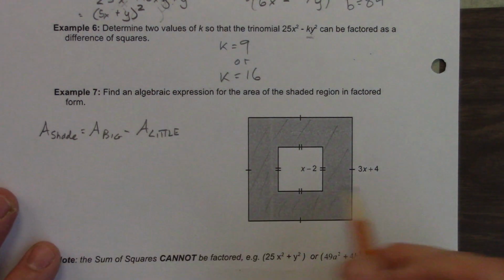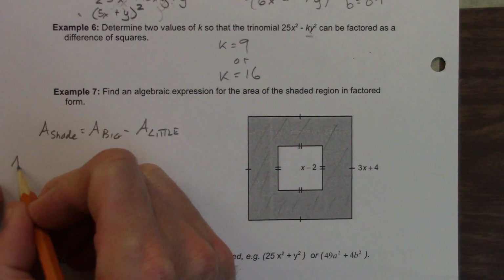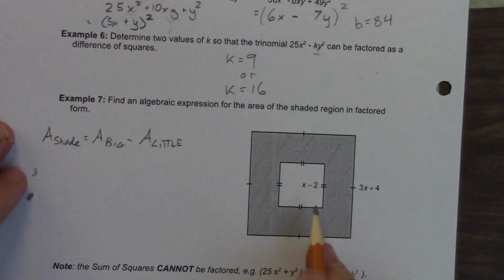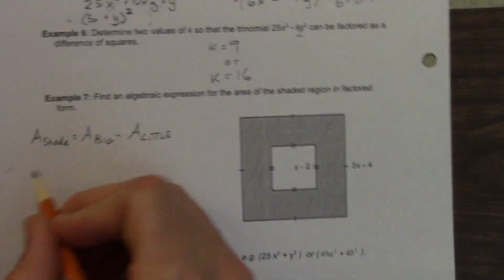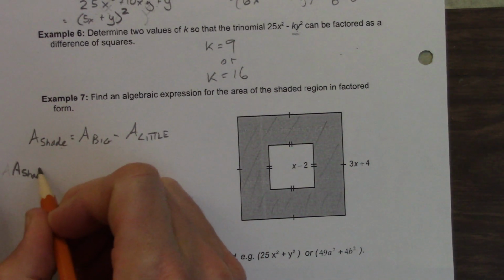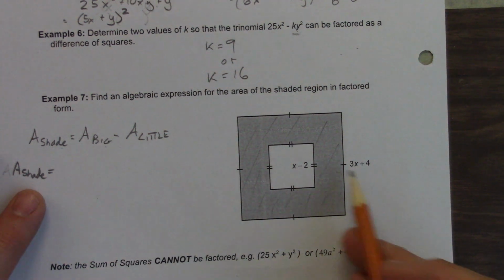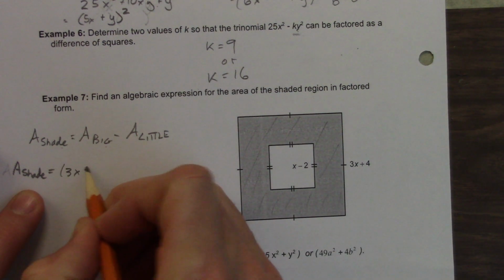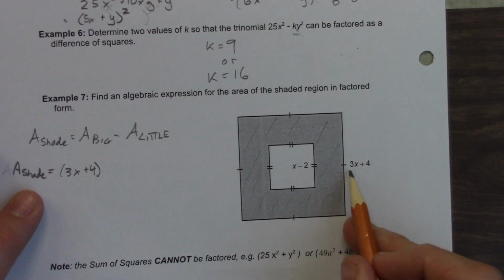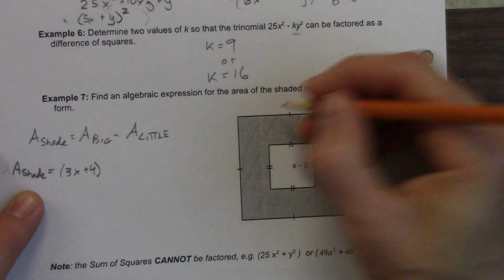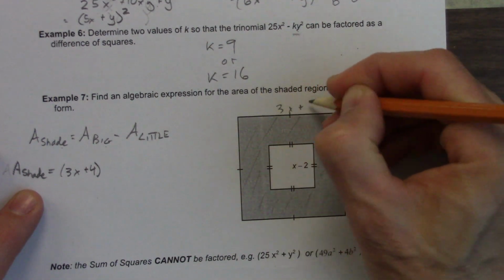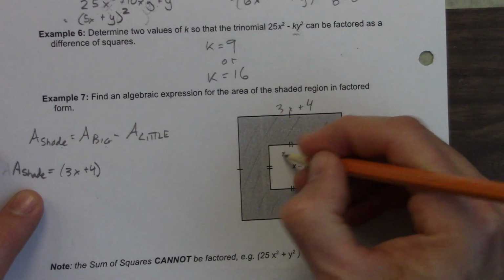Okay, so the area of the big, sorry, the shaded is what we want. The area of the big is going to be 3x plus 4, and this is a square. We know this means equals, right? So this side is also 3x plus 4, and this is also x minus 2.